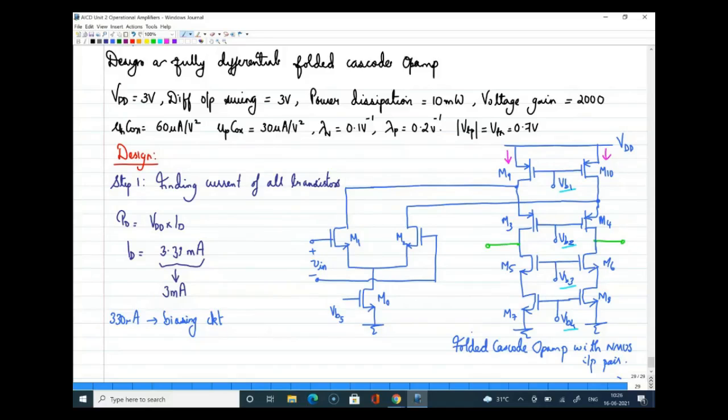So out of this 3 milliamps of current, it is ideal to allocate it equally among M9 and M10. The meaning is M9 should carry 1.5 milliamps of current, and M10 also should carry 1.5 milliamps of current. So the entire 3 milliamps of current I am dividing equally among M9 and M10, by identifying that M9 and M10 are the current sources in the circuit.